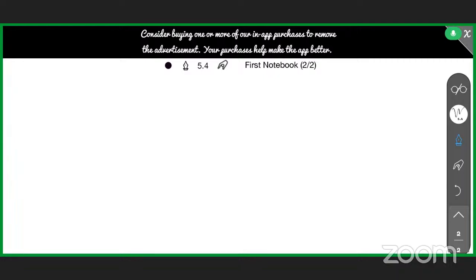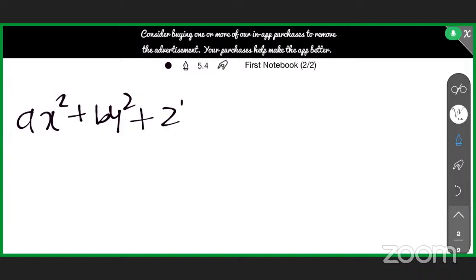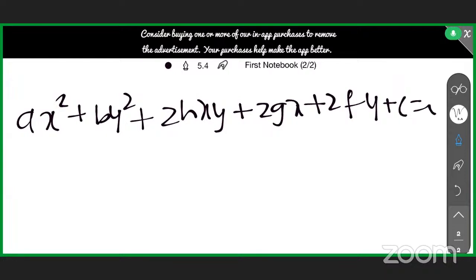The general equation is ax square plus 2hxy plus by square plus 2gx plus 2fy plus c is equal to 0. So this is my equation.